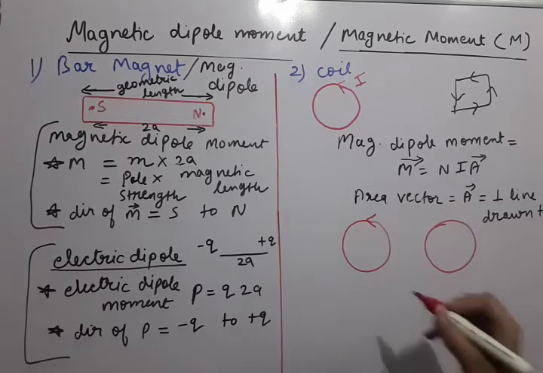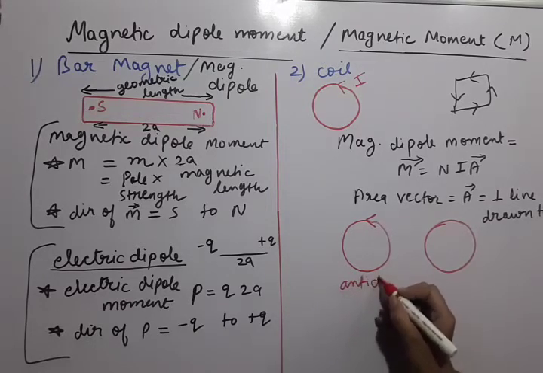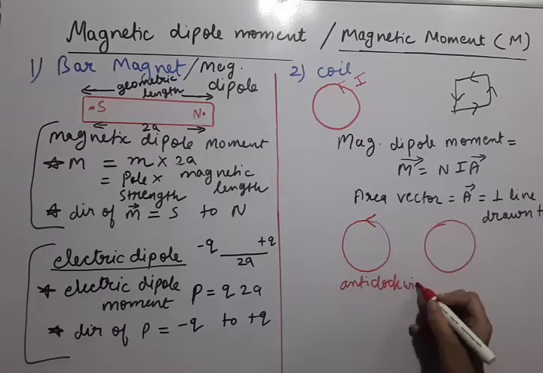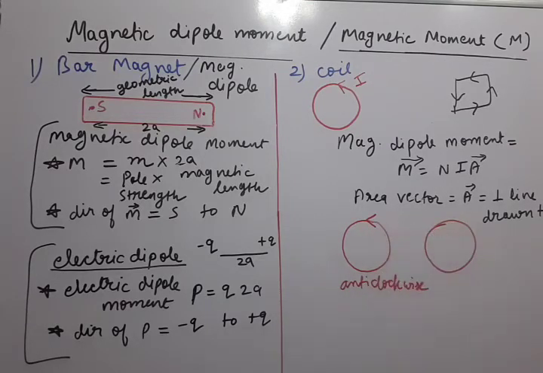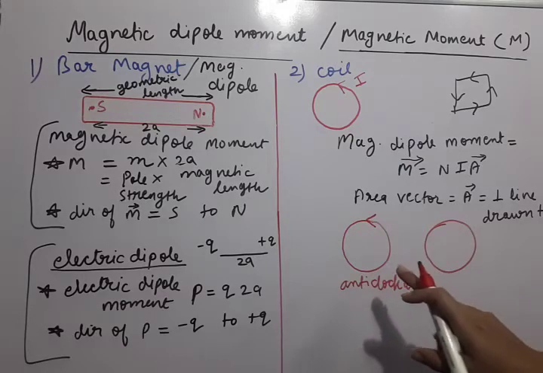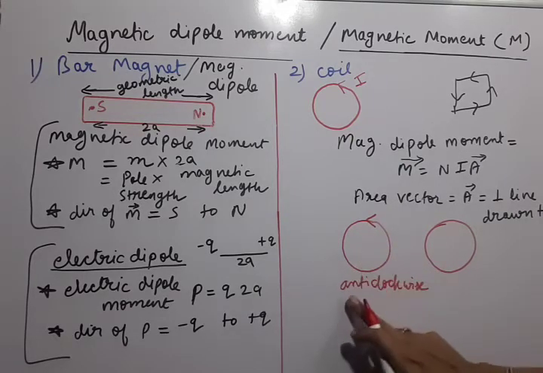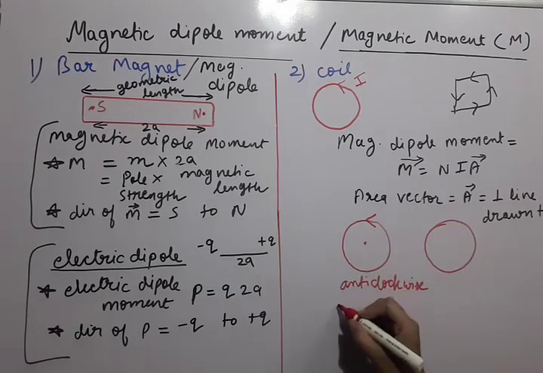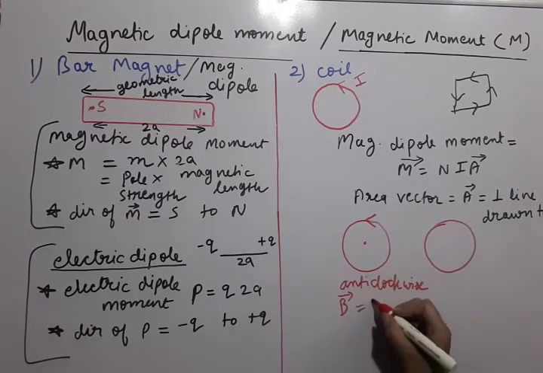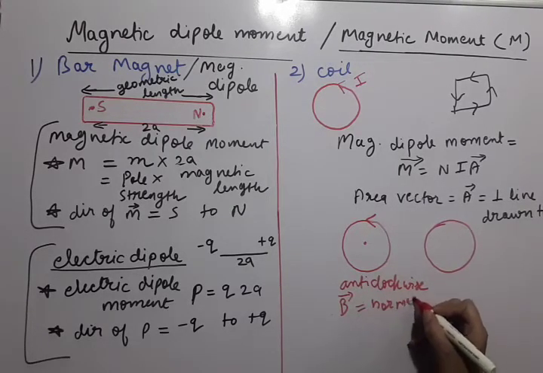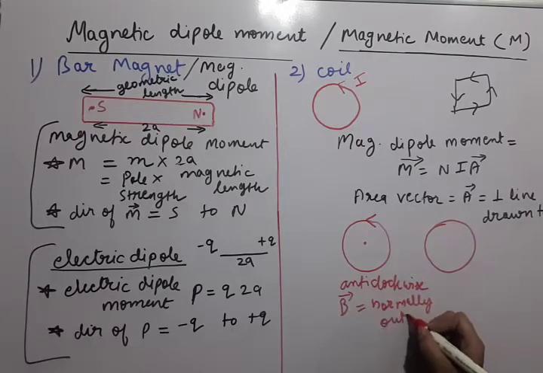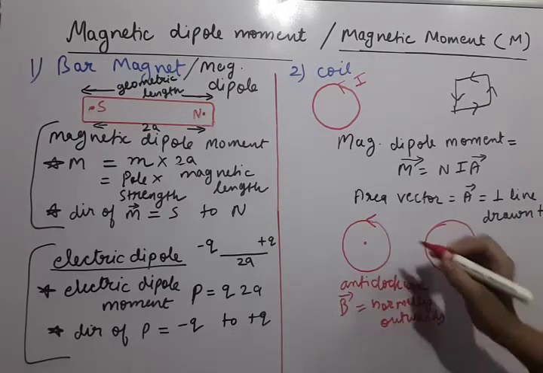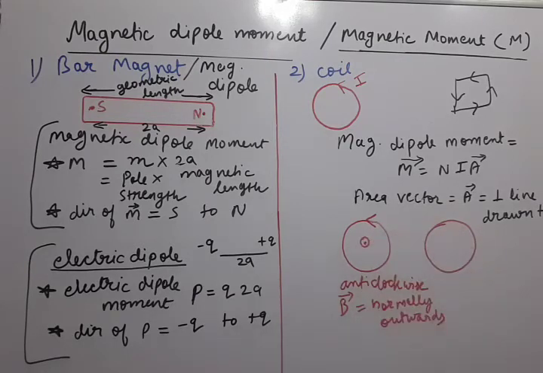First case is that current is anti-clockwise. So we have discussed before that for the anti-clockwise direction of the current, at the center the magnetic field B is normally outwards, or we can show it by a dot at the center. Dot means normally outwards.